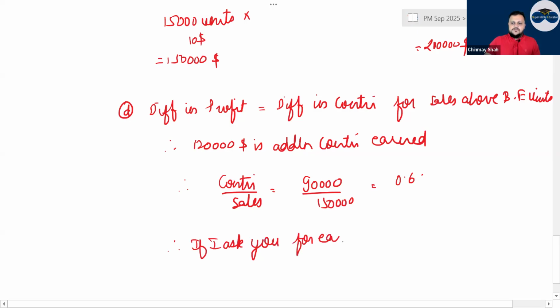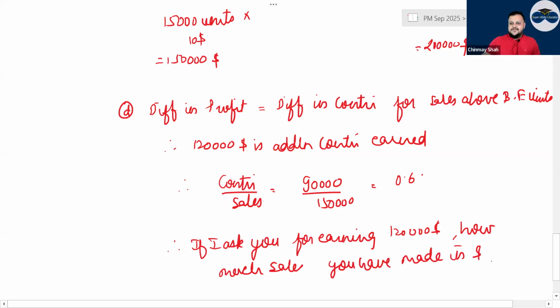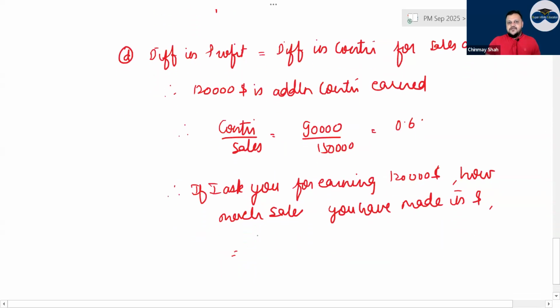Therefore, if I ask you for earning 120,000 contribution, how much sale have you made in dollars? How will you find out? How much is the additional contribution you want to earn? 120,000.